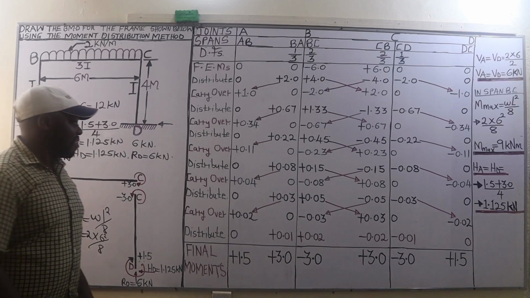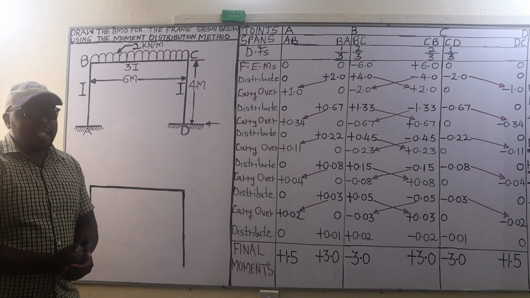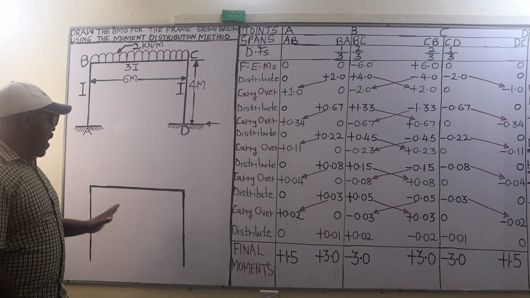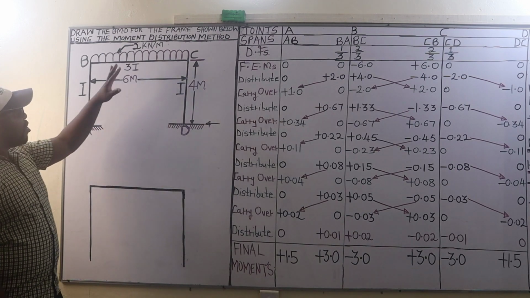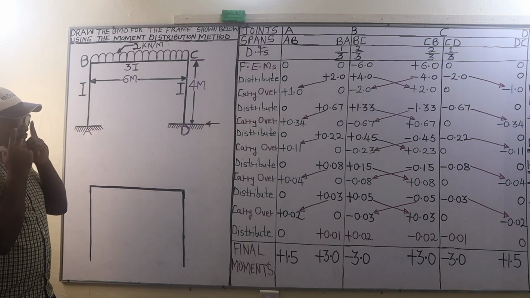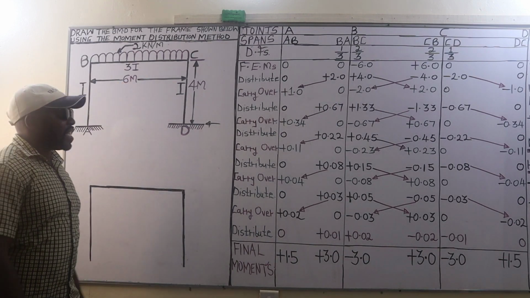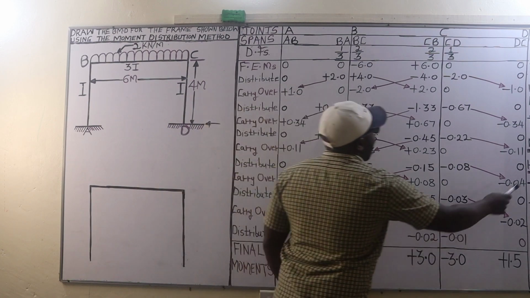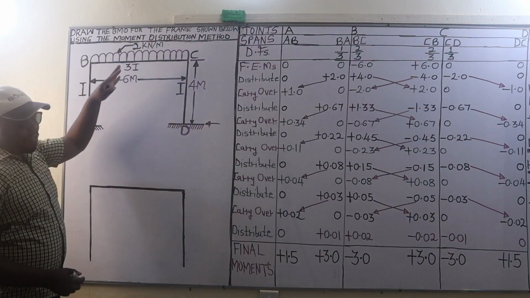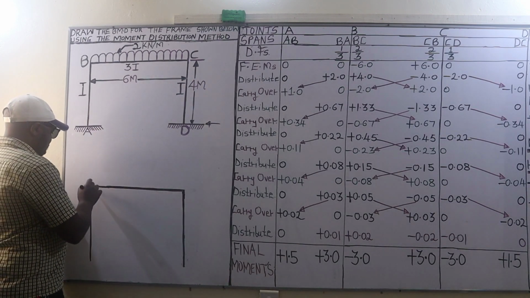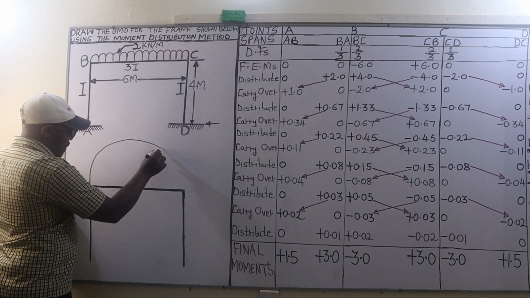Awesome, eh? Good. Now plotting our bending moment diagram, we are going to begin with the bending moment due to vertical load, and that is a maximum bending moment for the span BC, which is 9 kilonewton meters. So since the member BC is loaded with a uniformly distributed load, the bending moment diagram due to vertical load is going to be a smooth curve.